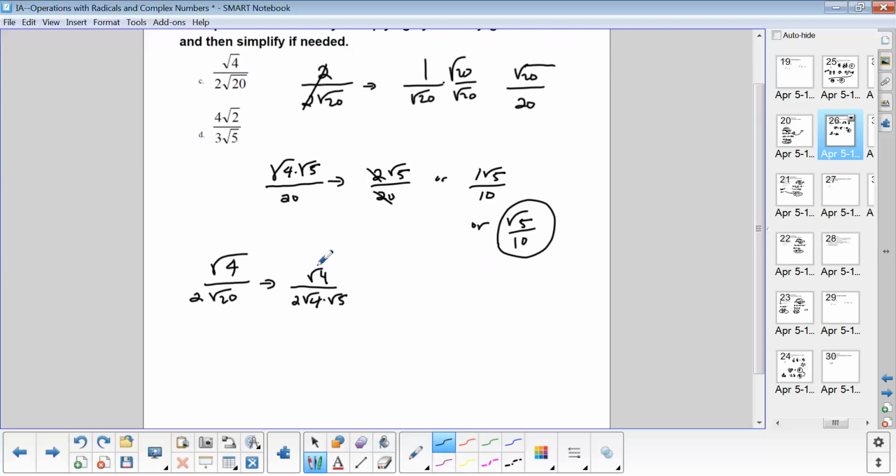And then the square root of 4's divide out, and you're left with 1 divided by 2 square roots of 5, which I cannot have square root of 5 in the denominator, so I'm going to need to rationalize it. So I get square root of 5 divided by square root of 5. Square root of 5 times square root of 5 is 5. 5 times 2, I get 10. Same answer as above.